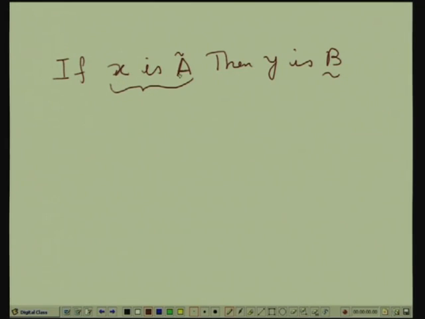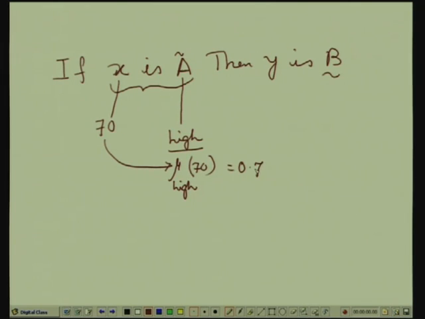Now, if temperature is high, now I have a fuzzy set high, and suppose temperature is 70 degrees, and in the fuzzy set high, the membership of 70 degrees, mu of 70 in high, is say 0.7, all right.